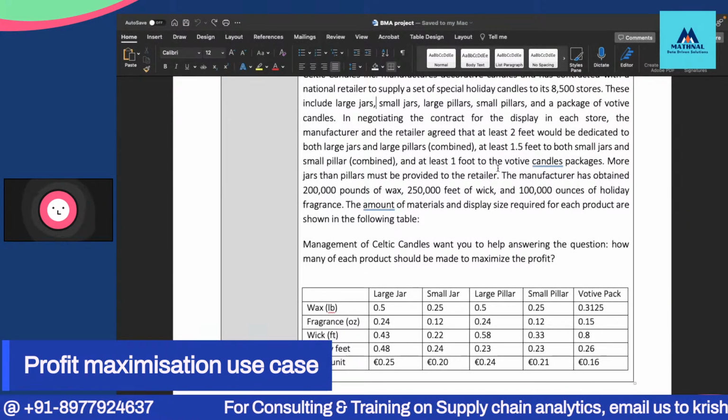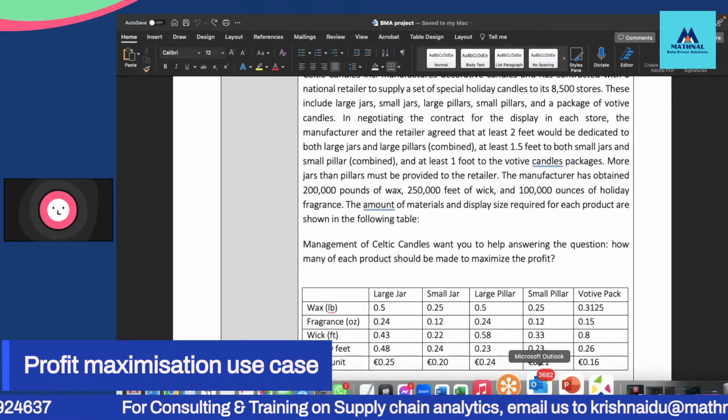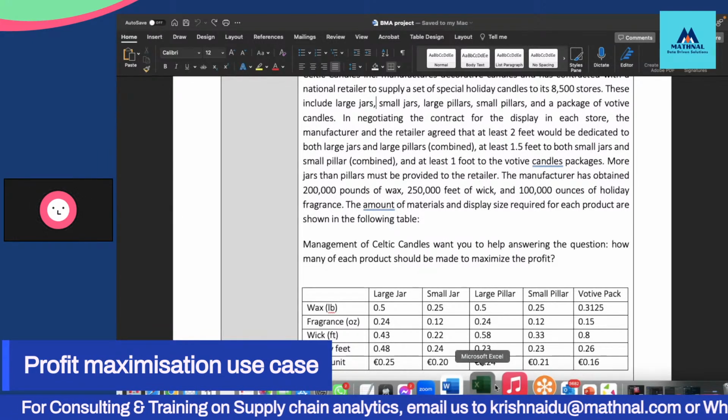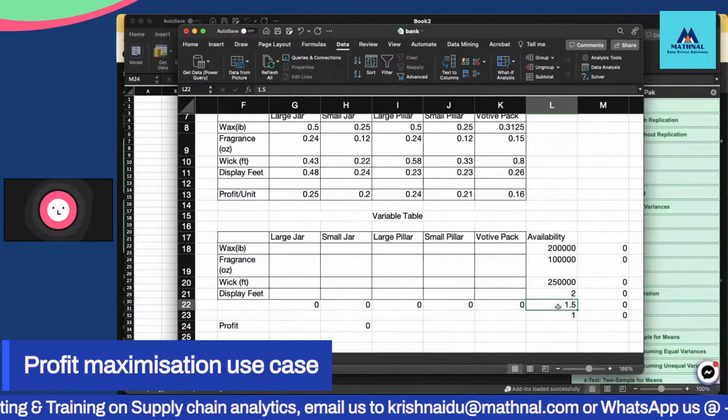At least 1 foot to the votive candle patch. At least 1 foot. That is right.